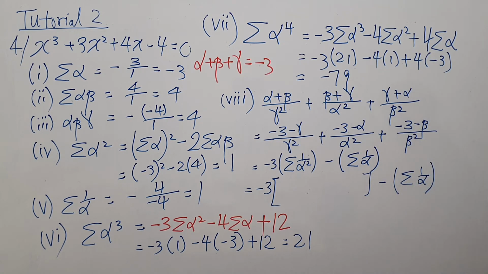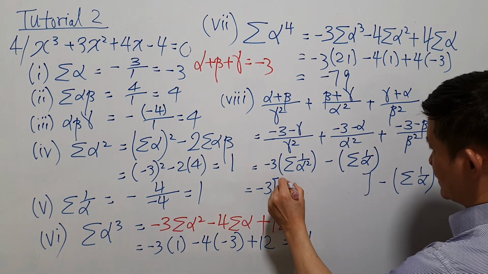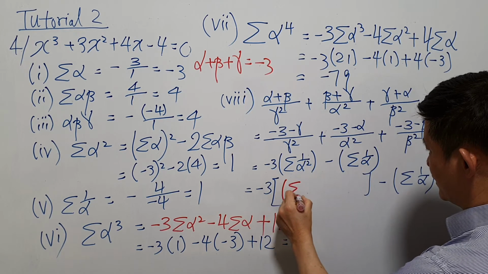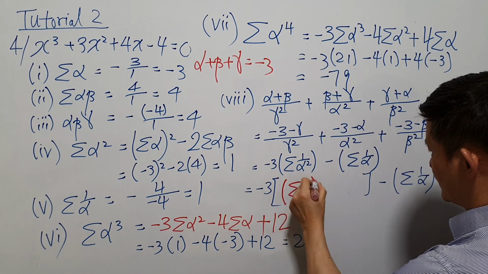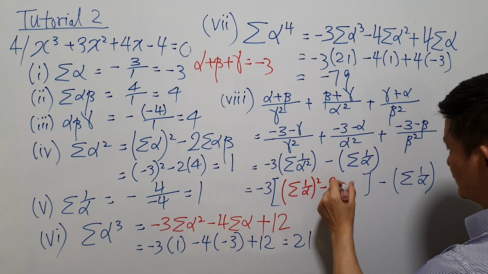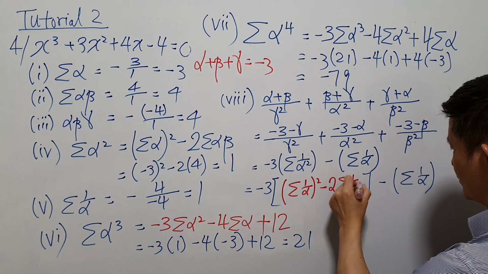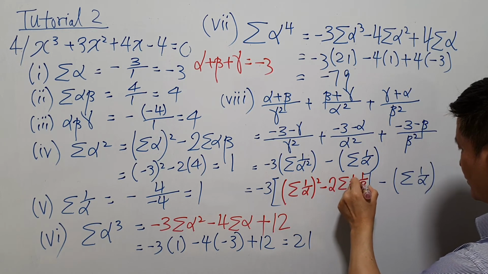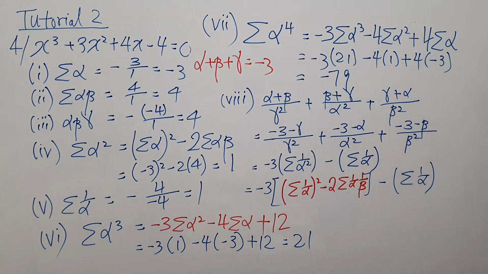From here, you want to rewrite this thing as the summation of 1 over alpha squared.